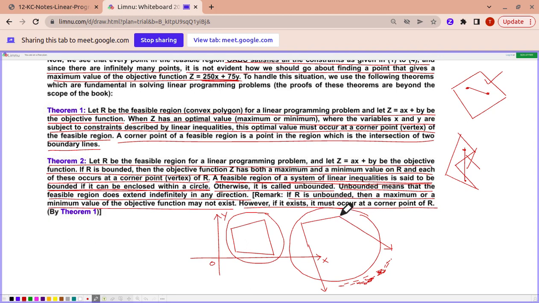So that means it could be either this corner point or this corner point, in case a maximum or minimum value exists. So these are the two theorems. Now in the next class we will discuss all these things in detail, but before we conclude, let me show you the solution to this linear programming problem we started discussing today. That is the problem of the furniture dealer. Let me discuss this solution.